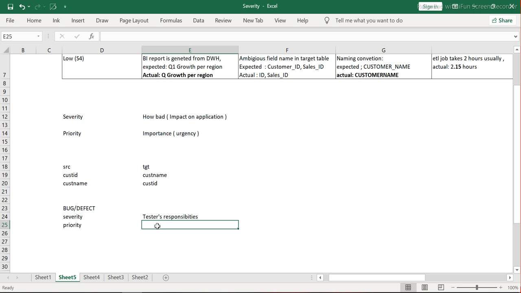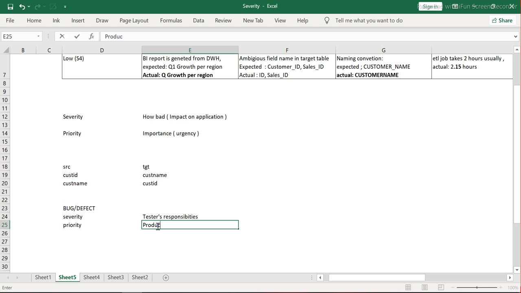Priority is something that you need to fix, right? But as a tester, you really don't know whether this particular functionality is really important for the business and whether the business needs it first or not, right? You don't have any idea around it. So better you do not put anything in the priority. And priority is ideally put by the product owner.